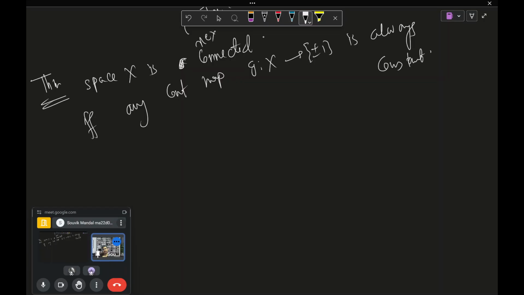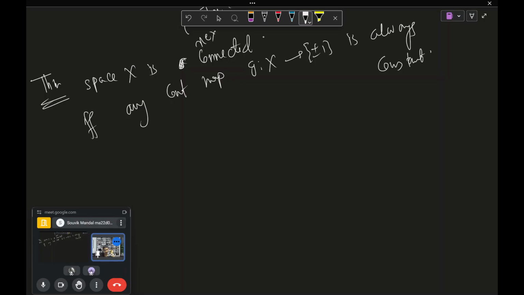Can you please try at least one direction? Assume that X is connected now. You need to show that the map from X to plus minus 1 is always constant.